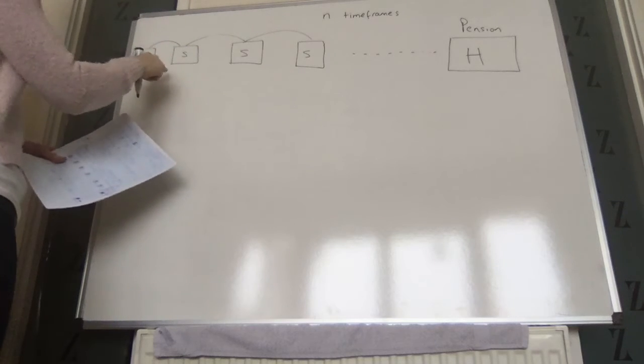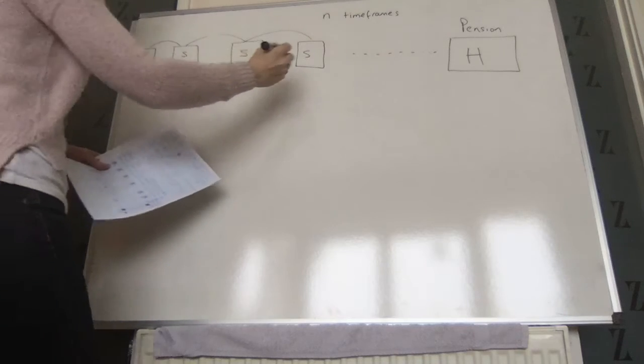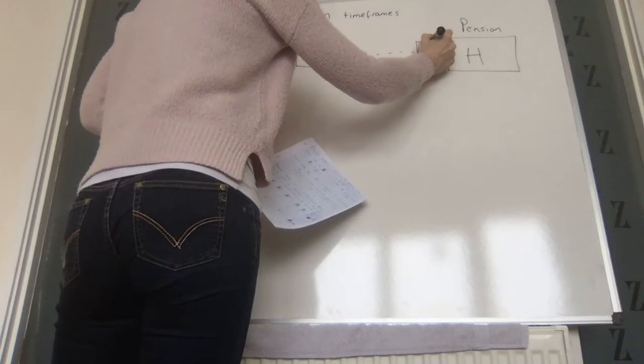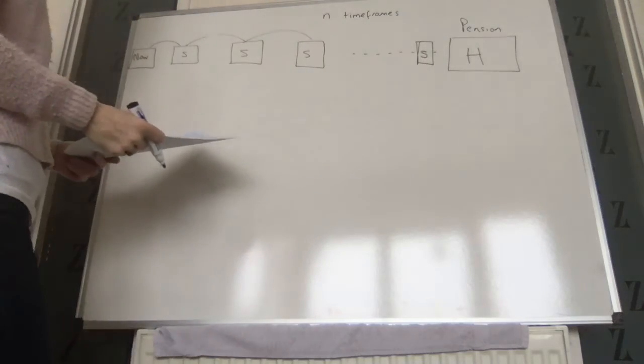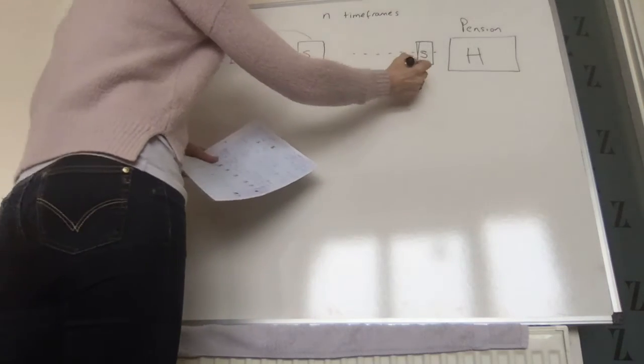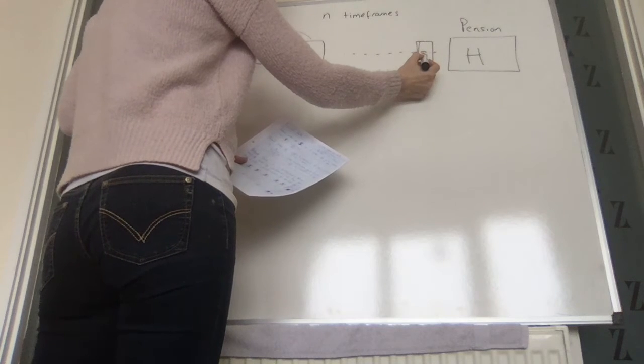You now need to look at the value that each particular S will have. We'll put the very last S in here. So basically, this S is the last payment that you're going to make.